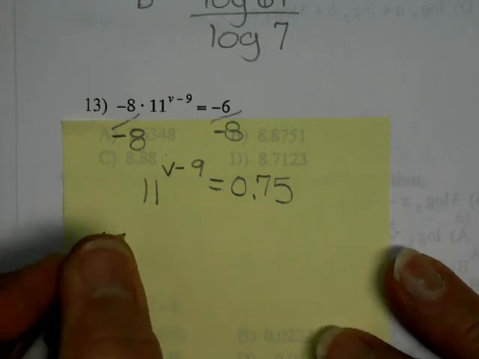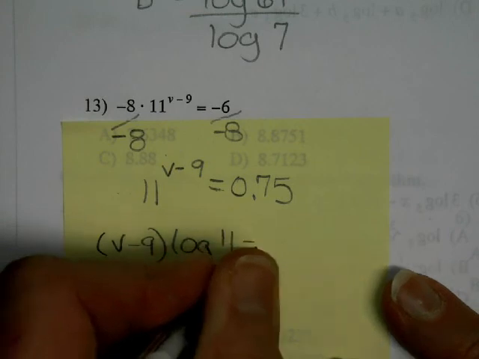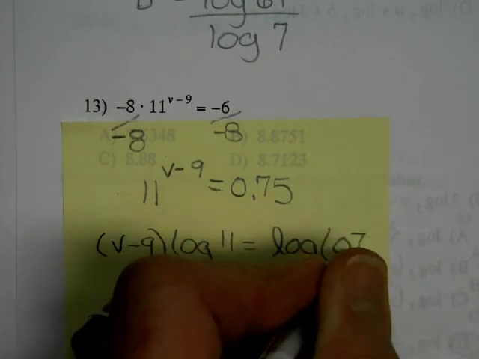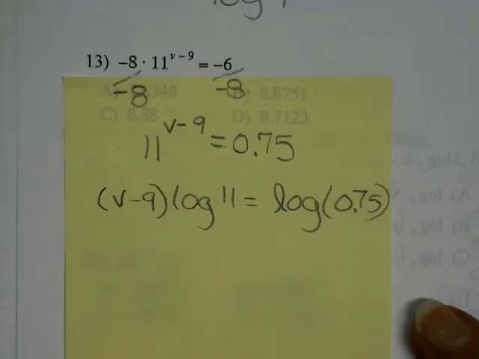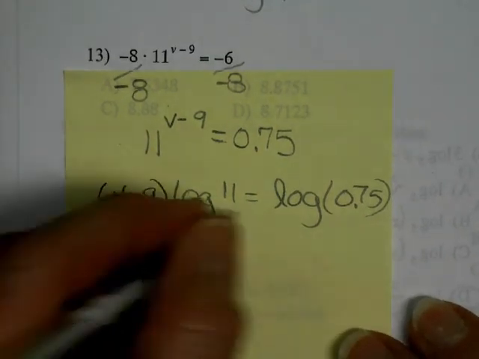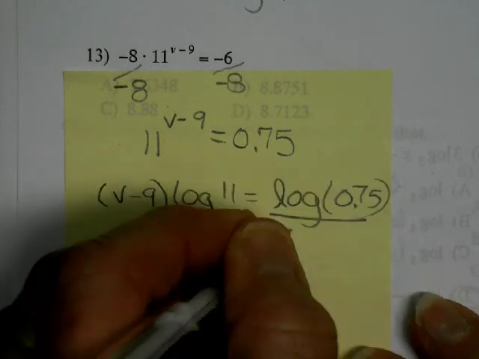And you know by now, you know yourself by now how you like it. Take logs of both sides. So it's (v minus 9) log 11 equals log of 0.75, 3/4, right?